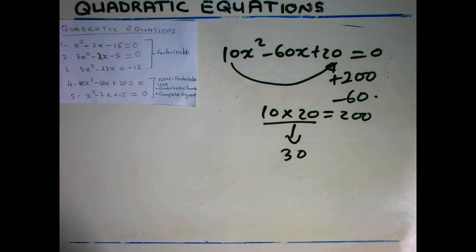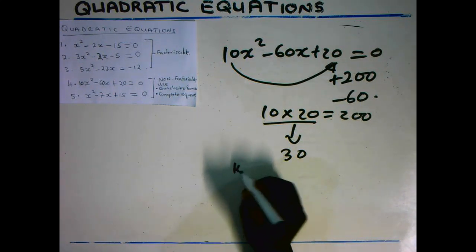There are so many factors of 200, for example, 2 and 100. But there is one condition which cannot be satisfied by those factors. When you add them, they don't give us minus 60. If you find them, please, you can drop me an email. I'll put my email here. I'll be so happy.